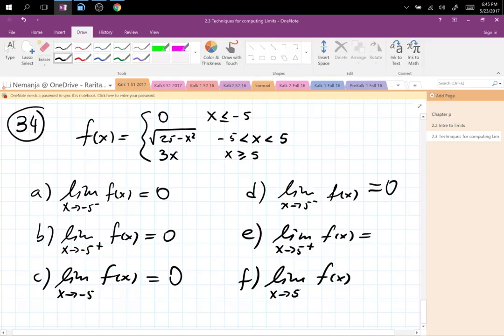So now you have the left and right to be different numbers, which by the theorem that we had last class means the limit does not exist, because the left approach and the right approach do not match at the same point. Fair?